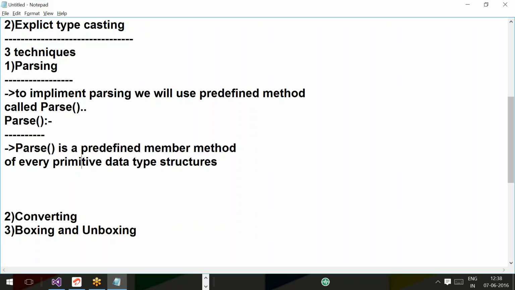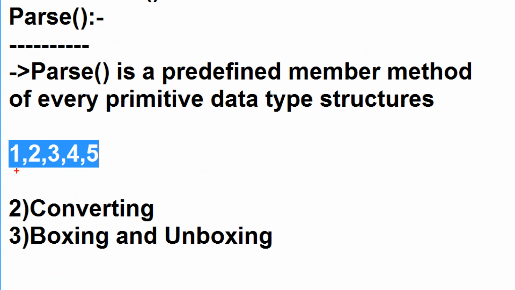My question is: among the five data types in .NET, which are structures and which are classes, Kalyani? Numerical, floating, char, and logical are structures, sir.